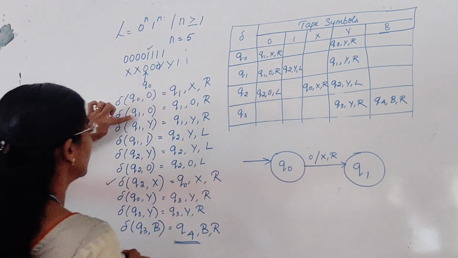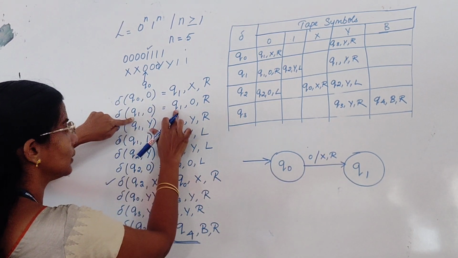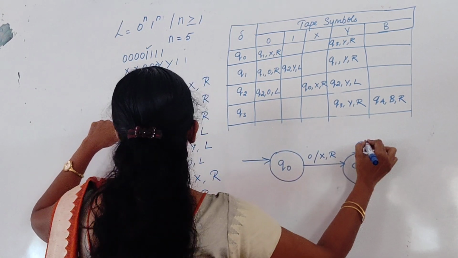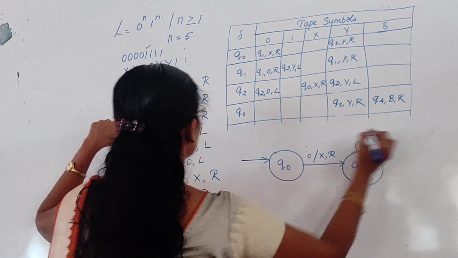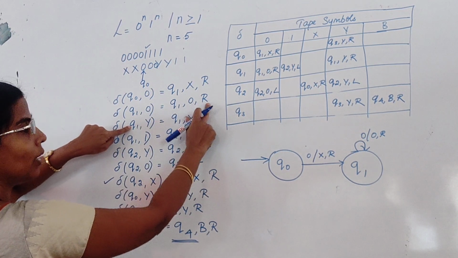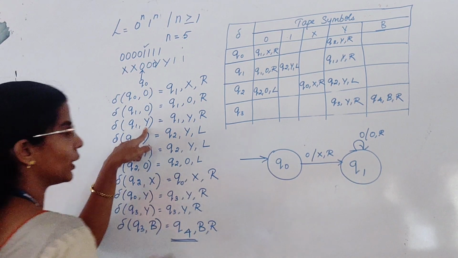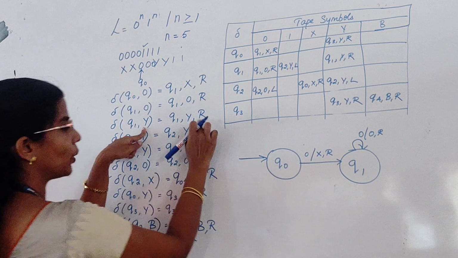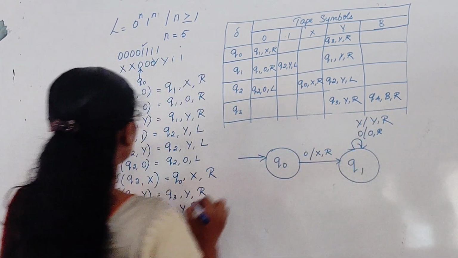Next Q1 comma 0, staying in the same state: 0 slash 0 comma R. Next Q1 when it reads Y: Y slash Y comma R.